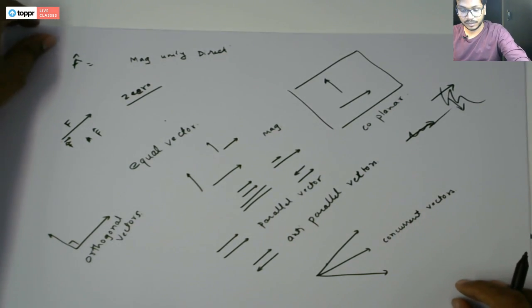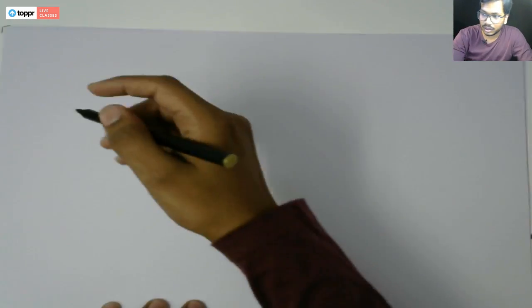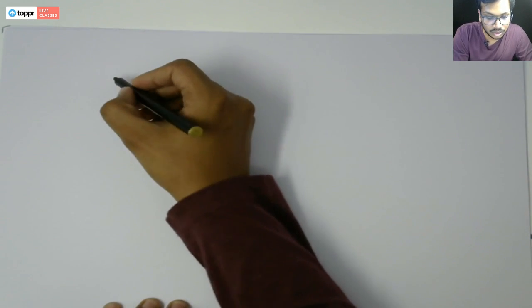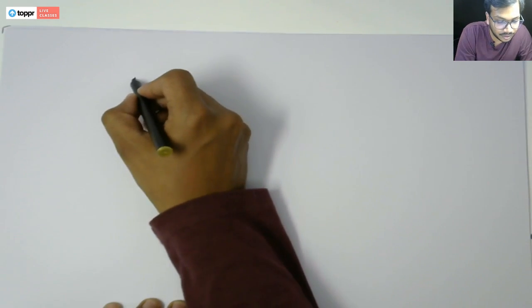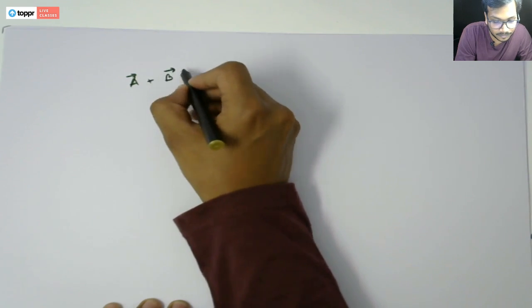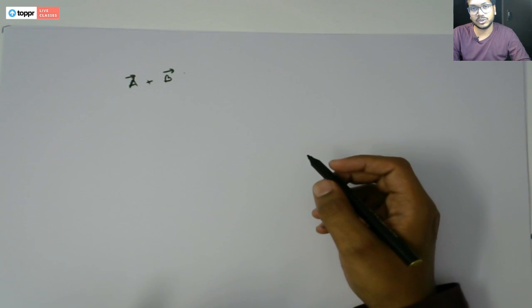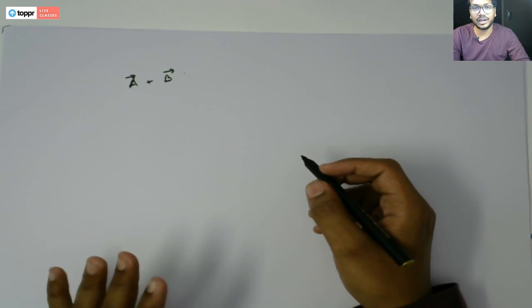Okay. Now let us look at how we add and subtract vectors. Let us say that we have a vector A and we have to add it to vector B. You could do that in two ways. You could do that graphically and you could do that analytically.